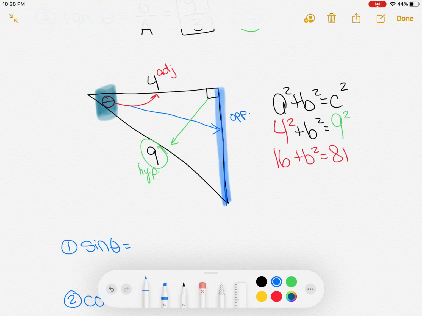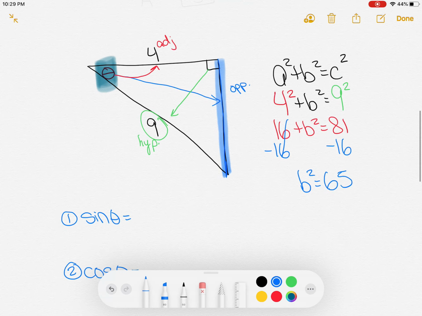Okay, but for this one, they're not on the same side, so I can't just add them together. I'm going to have to move the 16 over. So it's a positive 16. I'm going to subtract 16 from both sides. So that'll give me that b squared is equal to 81 minus 16, which is 65. Then we run into a little bit of an issue. To get rid of that squared, I'm going to take the square root of both sides.